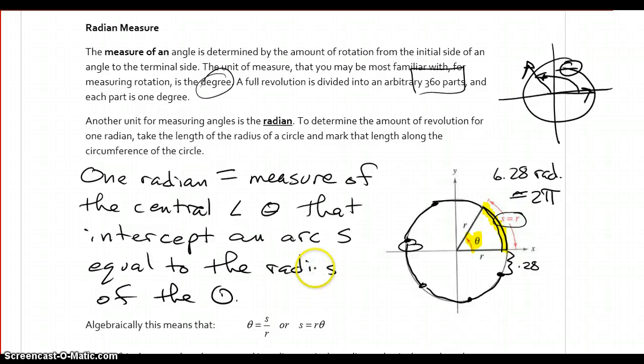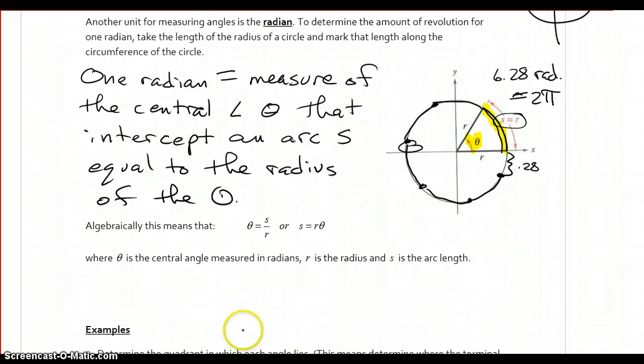So algebraically, this would mean that theta is equal to the length of the arc over the radius, or if we solve this for the arc, we can find the length of the arc if we know the radius and we know the central angle.